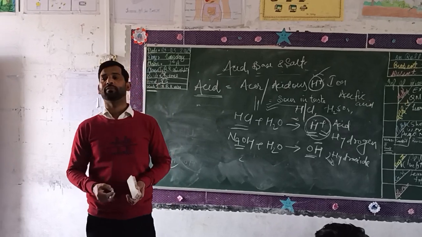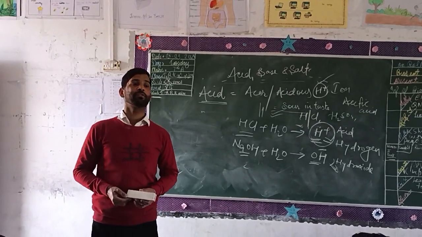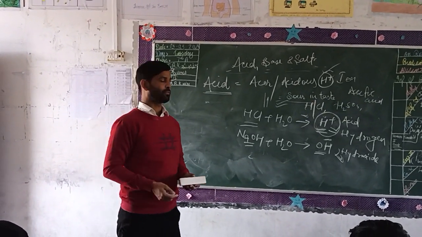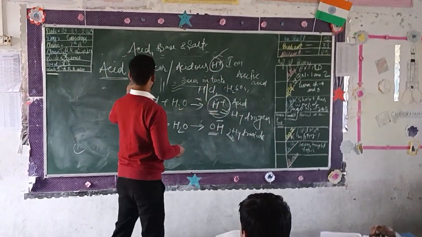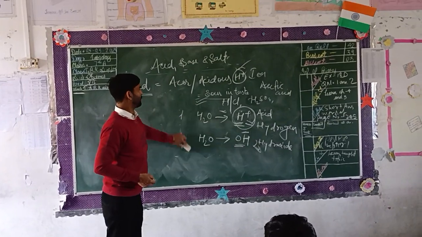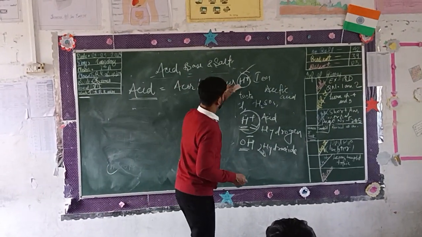So what are the types of acid? There are two important types of acid. What are these? Mineral acid and organic acid.